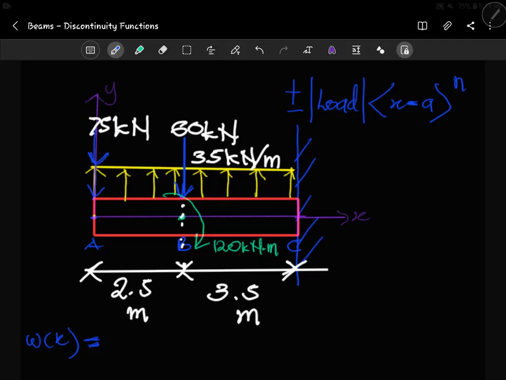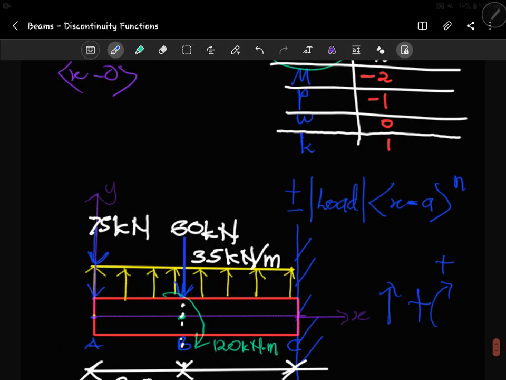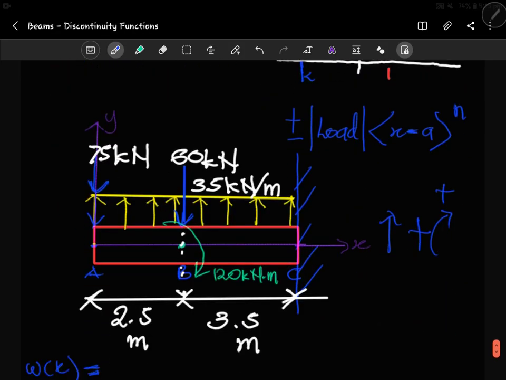What did we say about point load, plus or minus? What was the convention? We are choosing up as positive. If up is positive for force, then this moment here too is positive as well. That's the convention we are using.